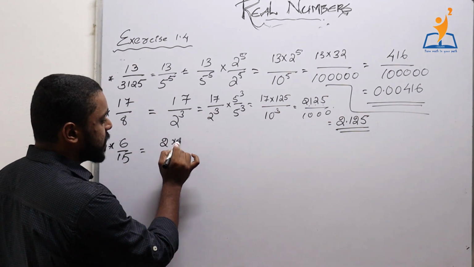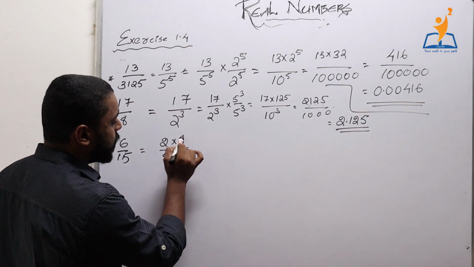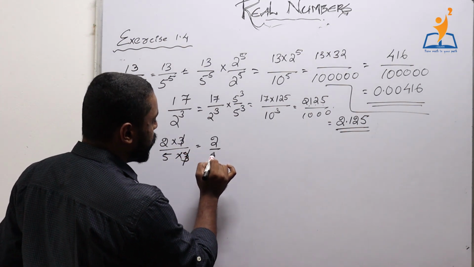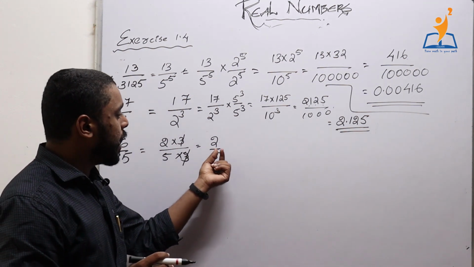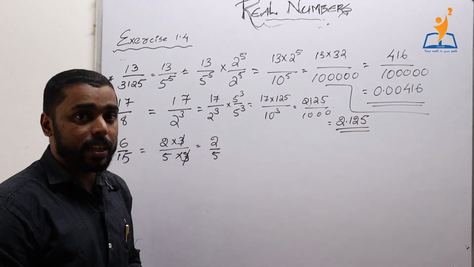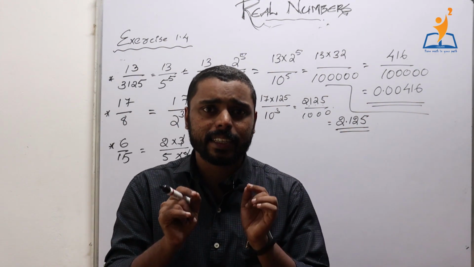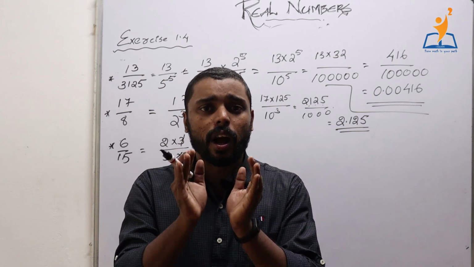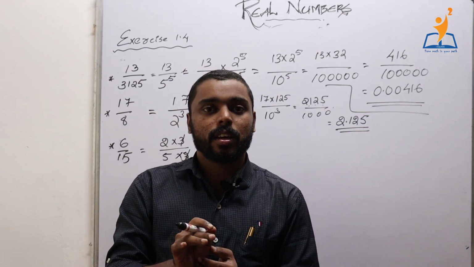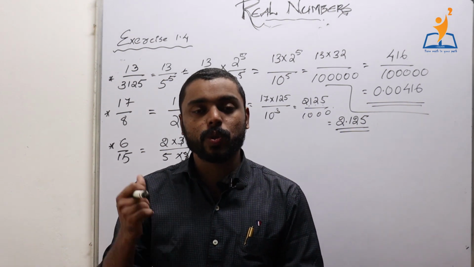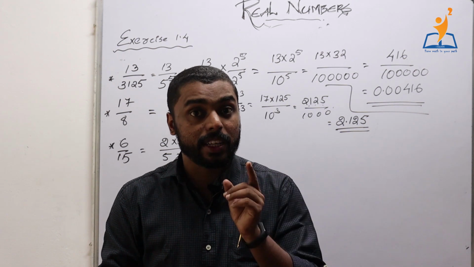We know that 6 is equal to 2 into 3 and 15 equal to 5 into 3, and 3 cancels, and 6 by 15 is nothing but 2 by 5. Now we have to multiply the denominator and numerator by 2, because always keep in mind that in order to find the decimal expansion of any fraction without actual division, using this trick we have to make the denominator a power of 10 if it is possible.